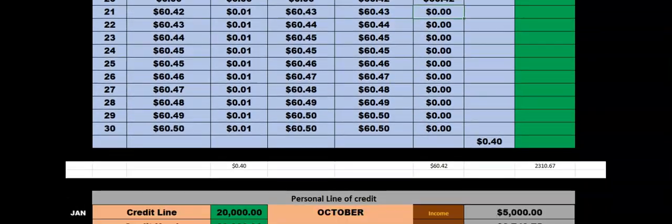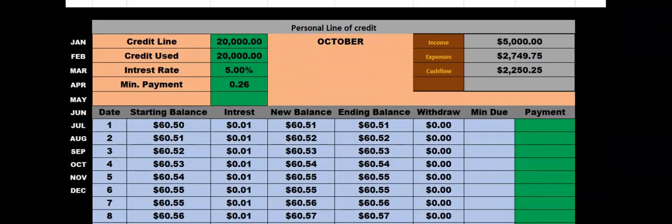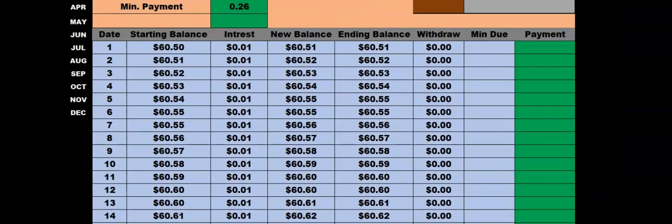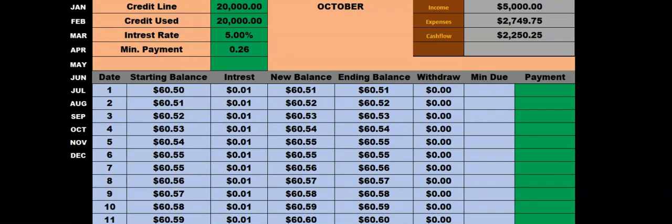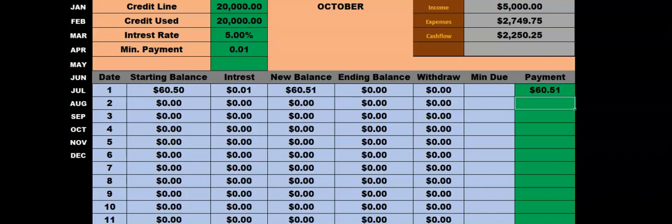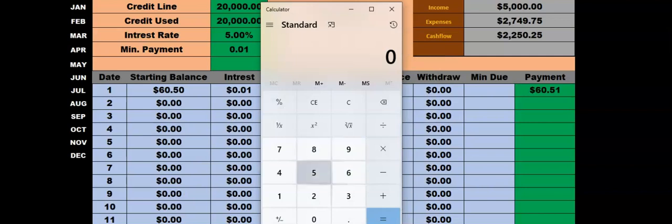So if we go to October, right, we'll have a payment of $60.51. We have our income of $5,000. We subtract the $60.51. Leaves us with $4,939.